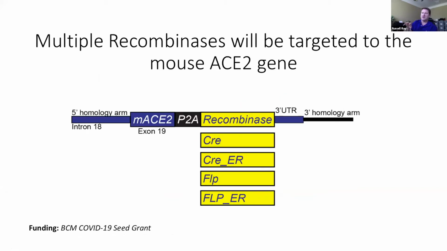Now, to drive that into an ACE2-like fashion, we're of course making a set of recombinases that are targeted to the mouse ACE2. And then each of these recombinases, so we'll make 4 of these mice, can then be further subdivided by your second recombinase of choice that's in the cardiorespiratory system or in the neural system.